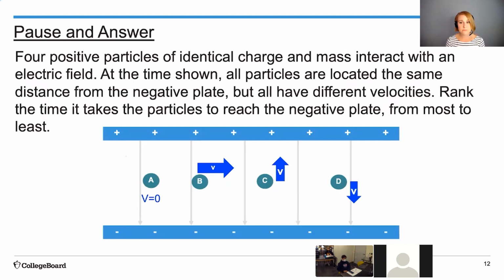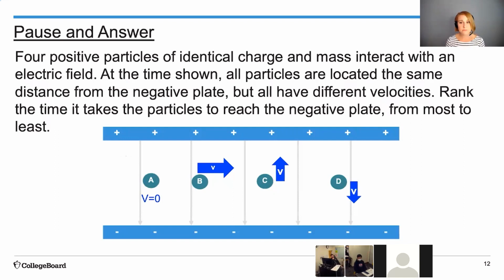Okay, good. Bob, what's something else as you look at this scenario, another factor you would want to think about to answer this question? They all have different velocities. Mm-hmm. And they have identical charge and mass. Just underlying x. Okay.